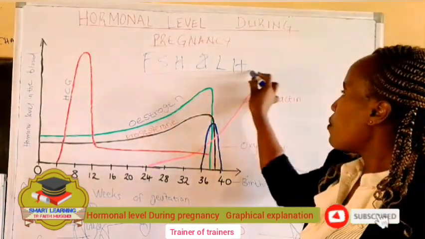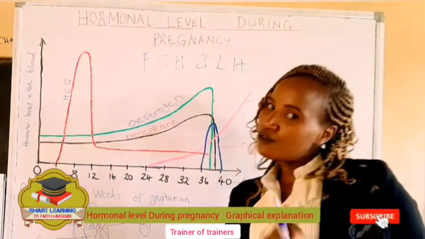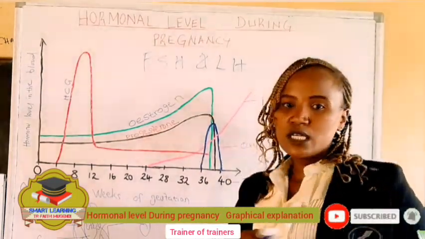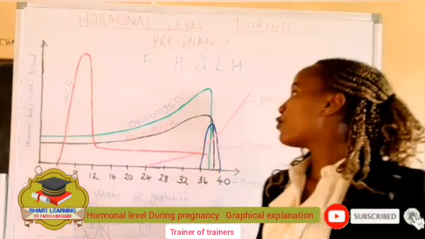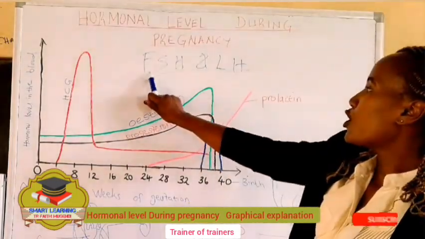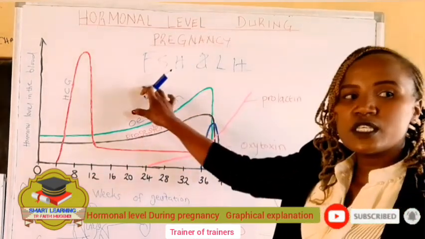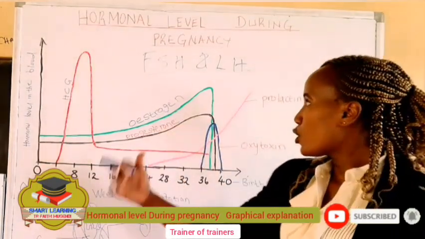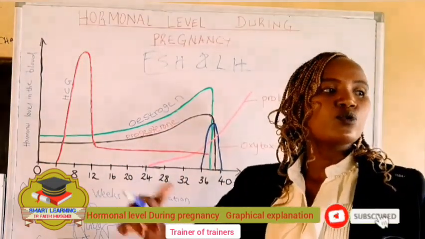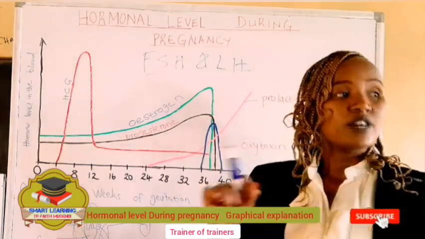If you have gone through the menstrual cycle, and if you have not watched that video, I'll put the link in the description box so that you follow that video. Follicle stimulating hormone and luteinizing hormone join forces to ensure the primary oocyte develops to form an egg that will become an ovum to be fertilized. Okay?